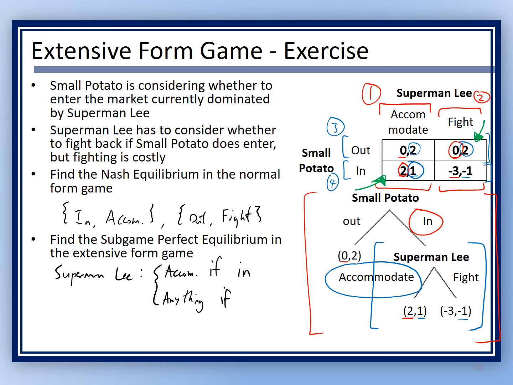In this case, Superman Lee accommodates if small potato comes in. If small potato stays out, his choice could be anything. It doesn't really matter because they give the same payoff, and it doesn't affect what happens.